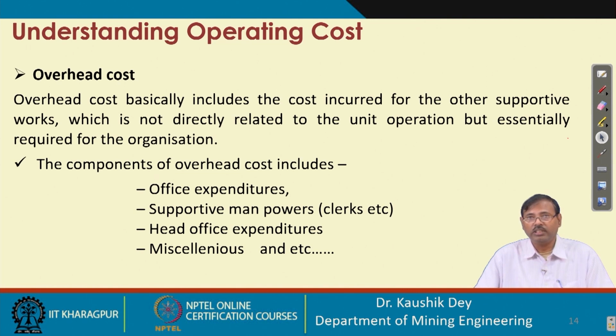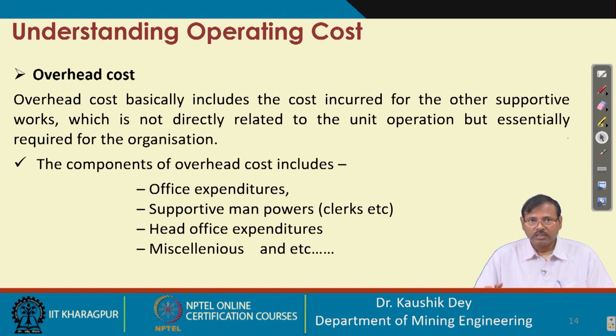That means, it is not directly the operation of the drill machine, but this cost cannot be avoided. Like, say, placing the signboards, notice boards, giving the signaling systems, then the office expenditures. Say you must keep a timekeeper for taking the attendance.